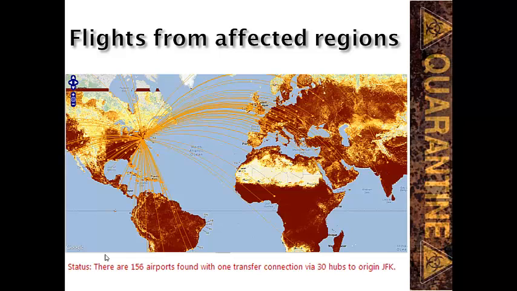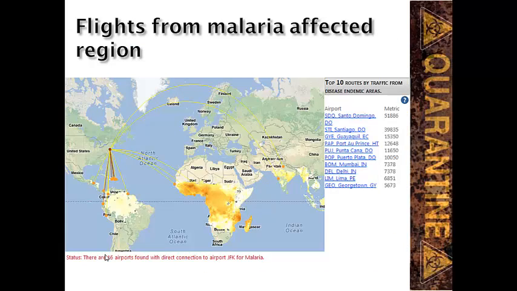So by using the VBD Air tool, we can figure out the flights which are coming from endemic affected areas or influenza transmission zones to a particular airport. In this case, we can see all the flights which are coming to New York from the endemic affected regions. We can also see the flights coming from an area affected by a specific disease.